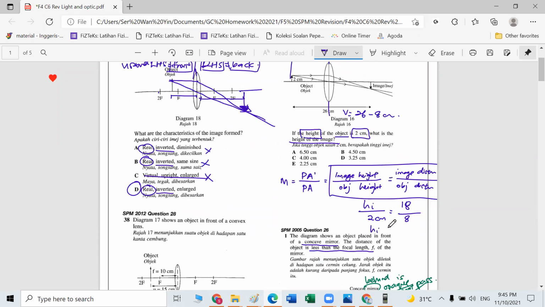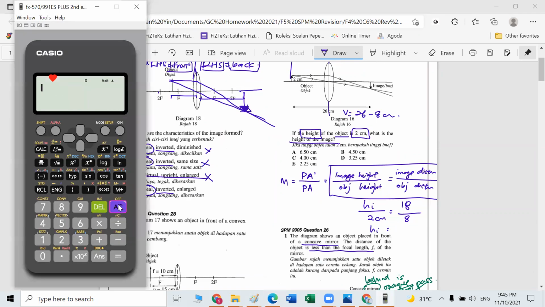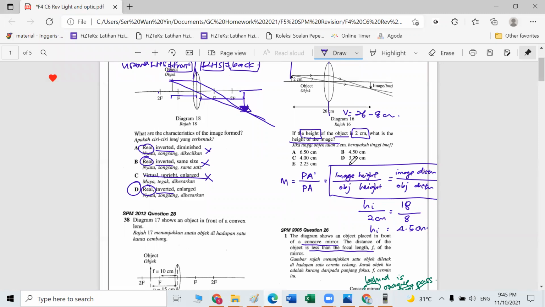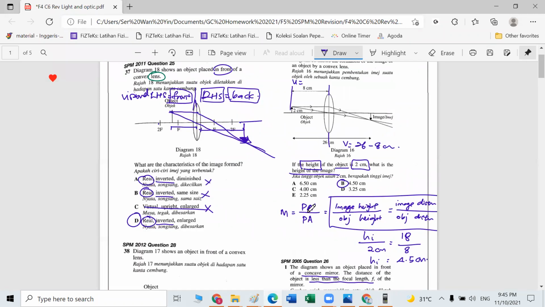Then solve it. We will get 4.5 cm. Okay. So when they ask for height, we will use the linear magnification factor, or in your maths, the linear magnification method.